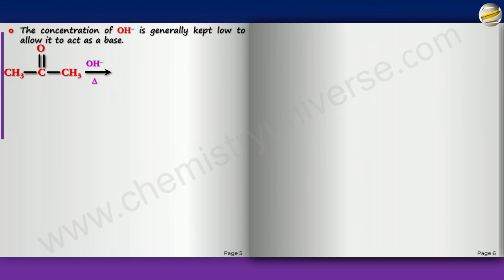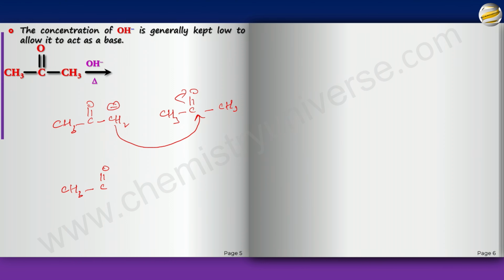Now, here is the answer. So basically what happens is, this will lose a proton, okay? And then it will meet another ketone, because you only have acetone here. This will attack here. This will go up. So what is the aldol you will get?